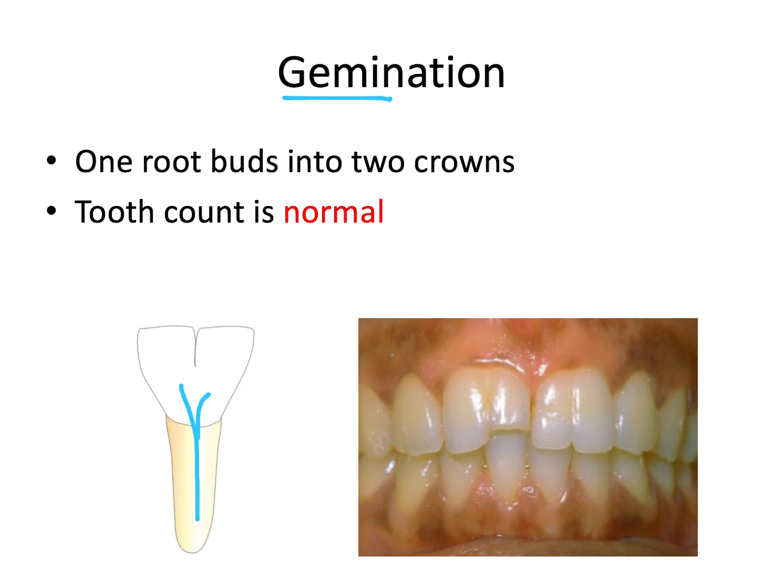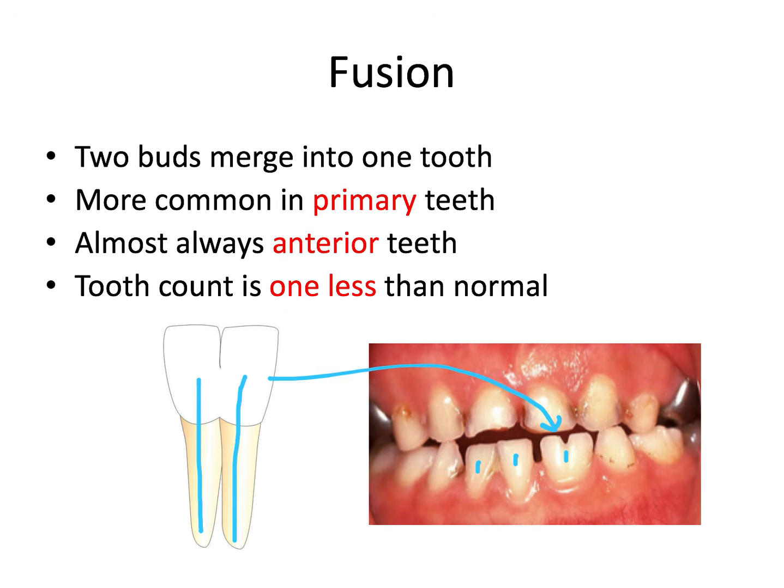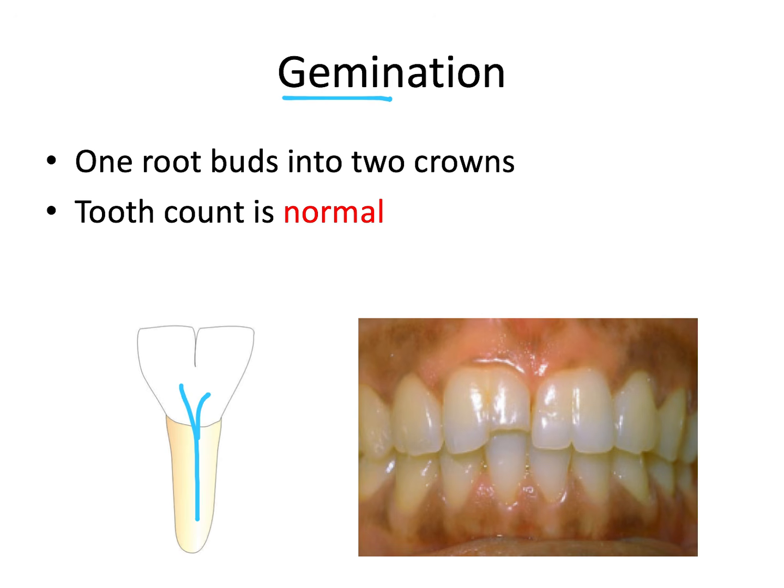Also, if you think about the tooth development process and how these occur, the names kind of make sense to the process that's occurring. Either the tooth caps are fusing, or a tooth cap is twinning or splitting into two. So this time, the patient actually has a normal number of discrete tooth entities.